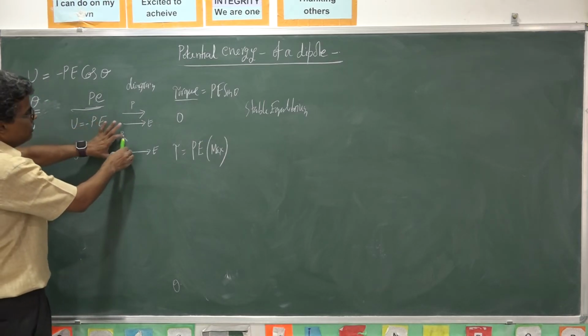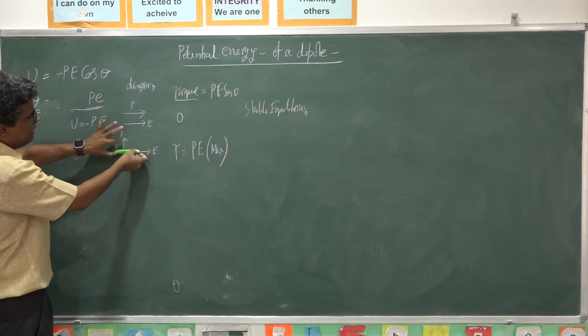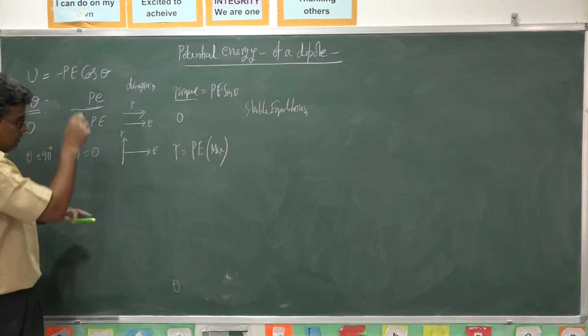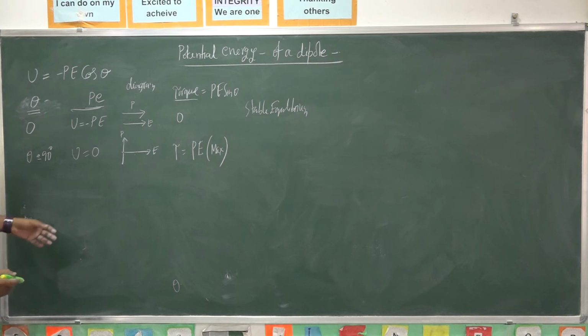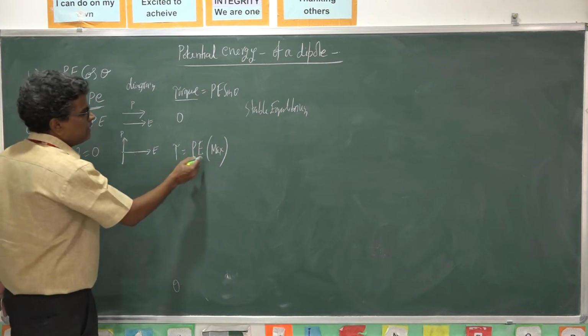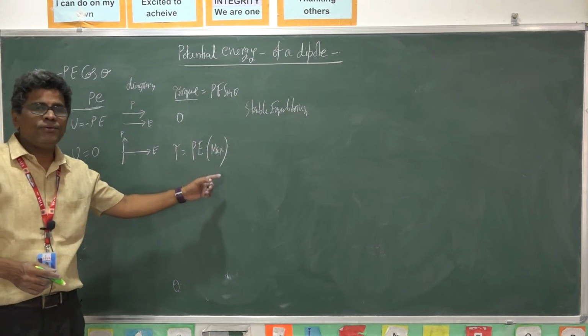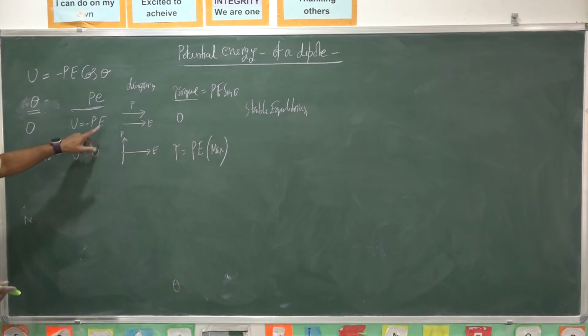Suppose here, what is the rotational kinetic energy of this dipole in this position? The potential energy possessed here is minus PE. So the kinetic energy is equal to the change in its potential energy. You will get 0 minus of minus PE, which is PE.